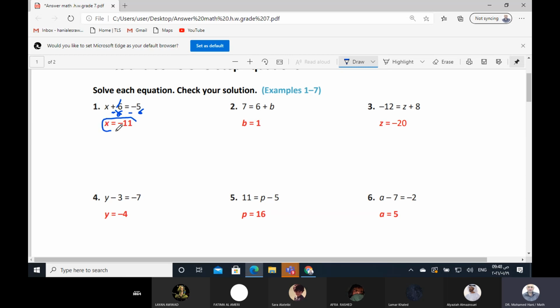So the value of x will be minus 11. If you want to check your work, go back to the same equation, then substitute. What's the meaning of substitute? Put the value of x. The value of x will be minus 11, so put here minus 11 plus 6.